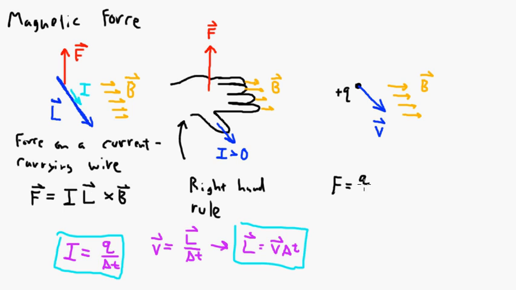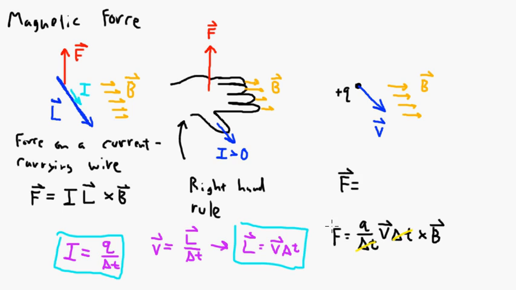Actually, I'm going to draw it down here. So F equals your current, which is q over delta t, multiplied by your distance, which is v delta t, and then it's all crossed by the magnetic field again. And then it's not hard to see that the delta t's will cancel out.